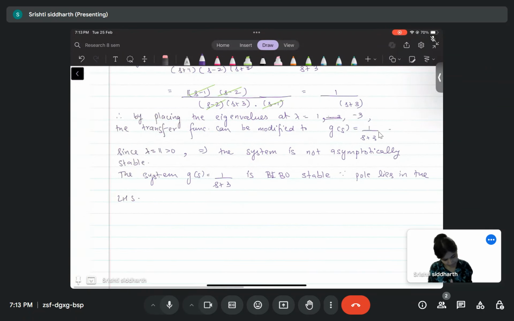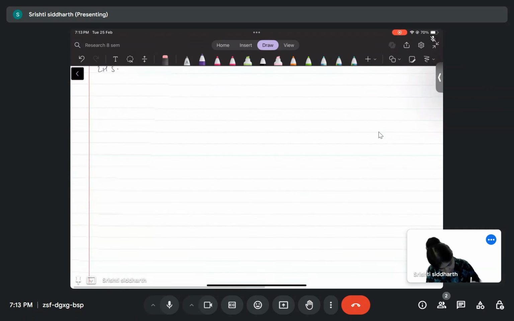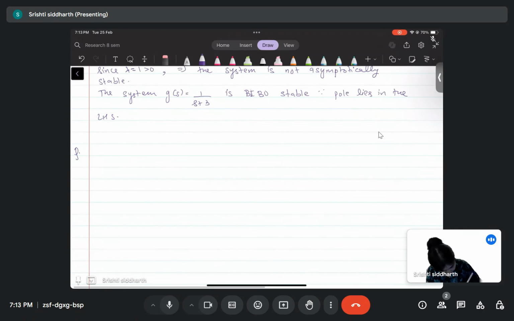So, the next question, we look at a different way of assigning the eigenvalues at the desired location.